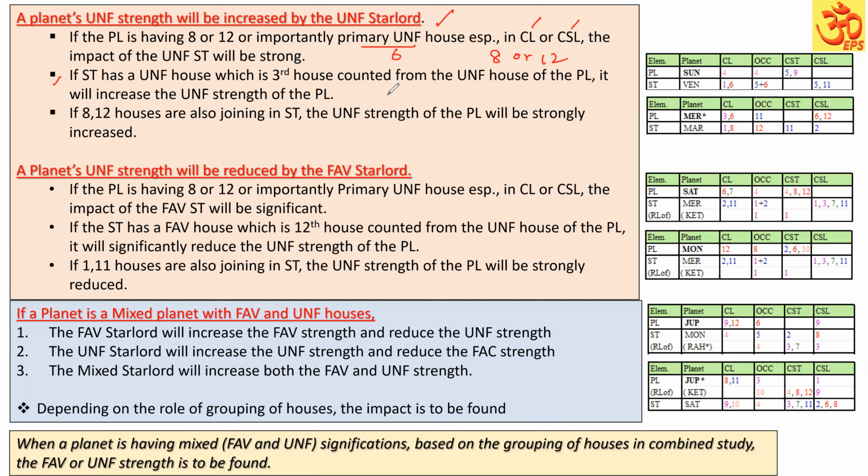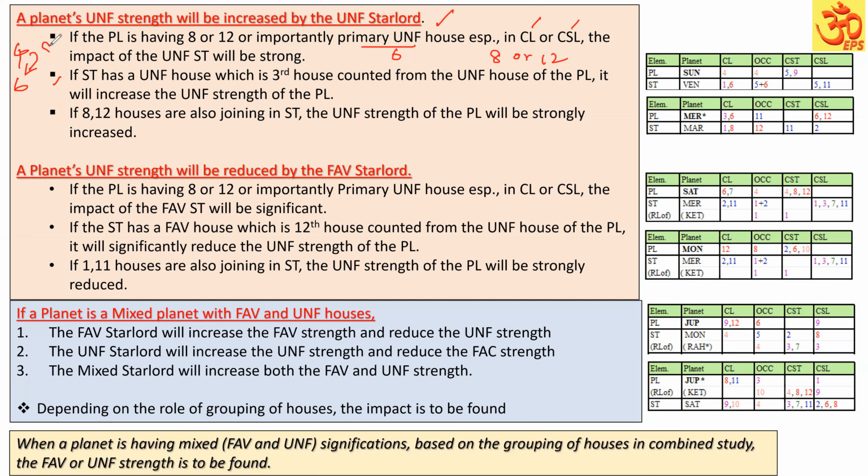In this case, the planet is unfavorable. Suppose the planet has the fourth house. Third house to the fourth house is what? Sixth house. It means it is going to increase the intensity of the unfavorable.